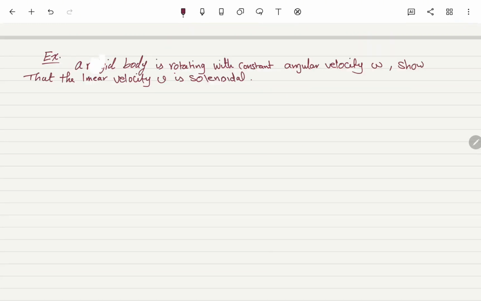A rigid body is rotating with constant angular velocity ω. Show that the linear velocity v is solenoidal. Prove that v = ω × r, in this case here, and open the determinant: î, ĵ, k̂, ωx, ωy, ωz, x, y, z.